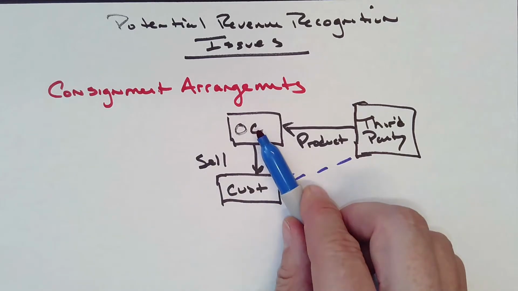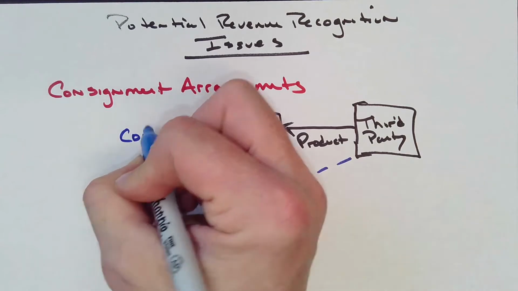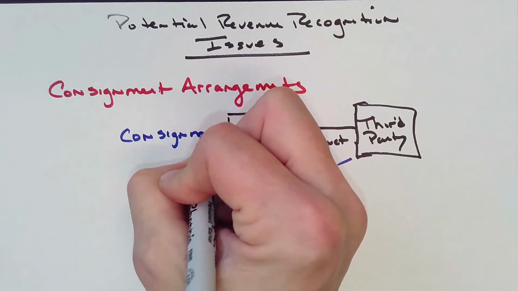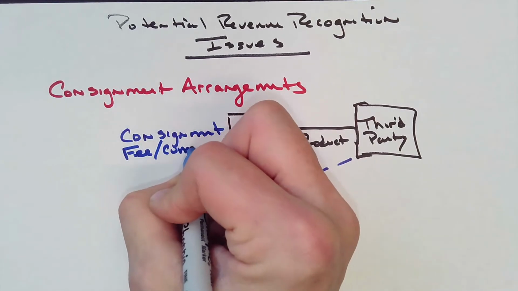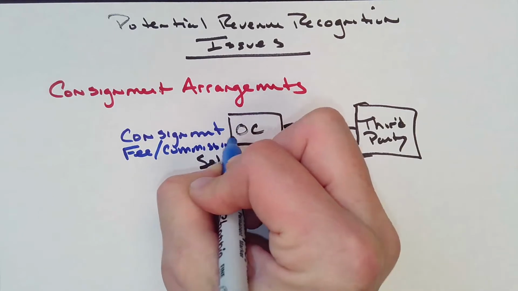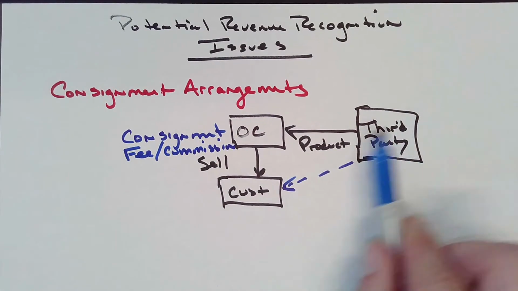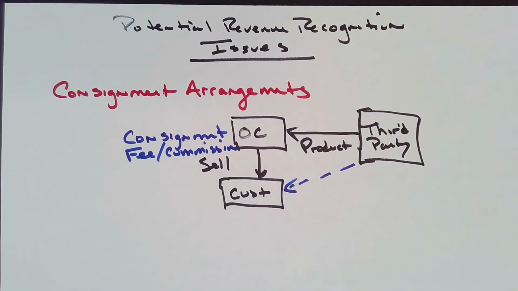What do we get for it? We get a consignment fee or a commission. The third party gets whatever the price is, net of whatever the consignment fee is.